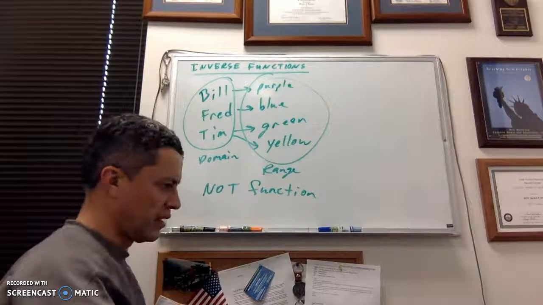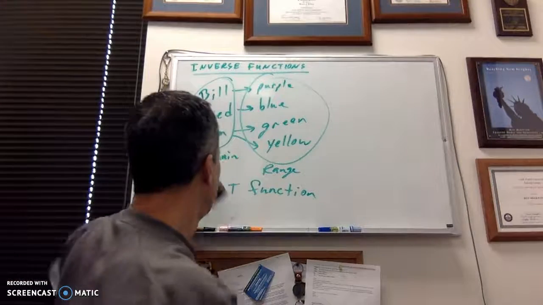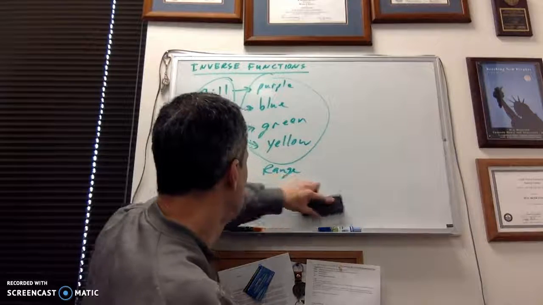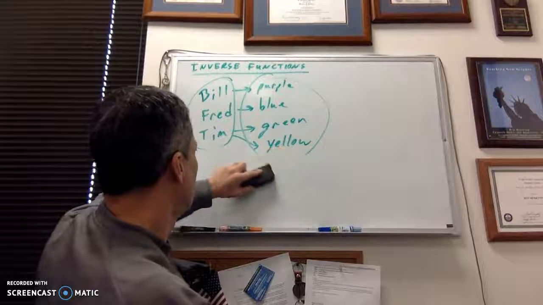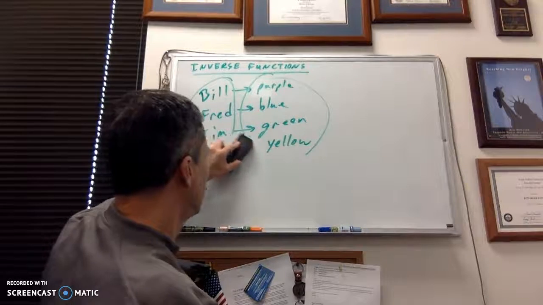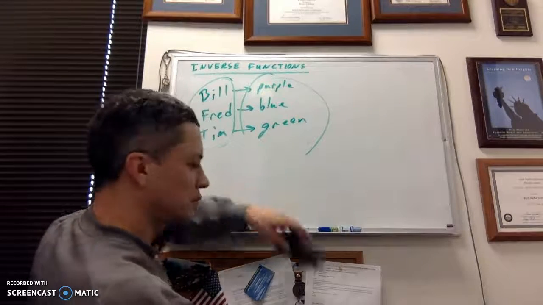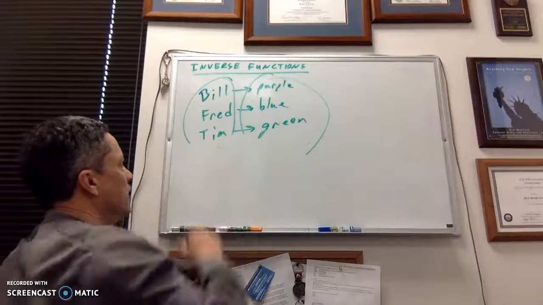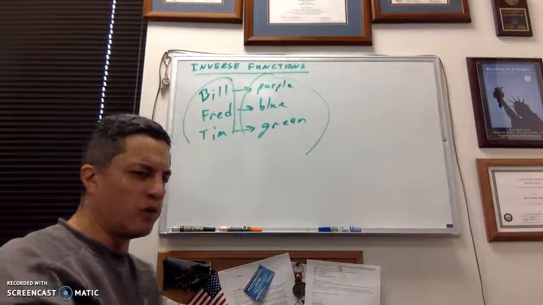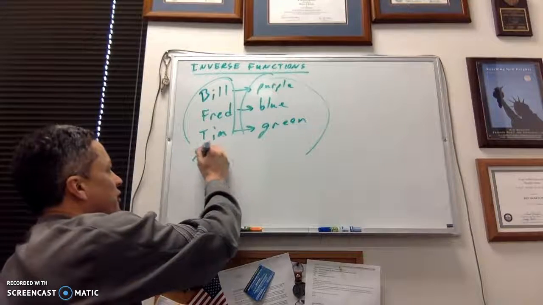Well, if I erase some stuff, and let me just get rid of my domain and range here, and I will take out yellow, and I'll even throw in another name. I haven't put any women in here. Let's throw a woman in there. Let's put Susan in there, okay?